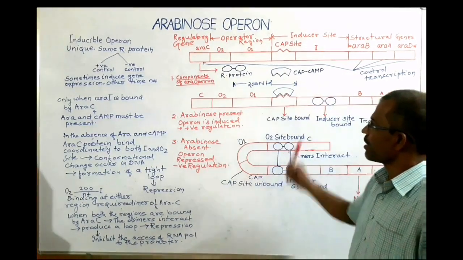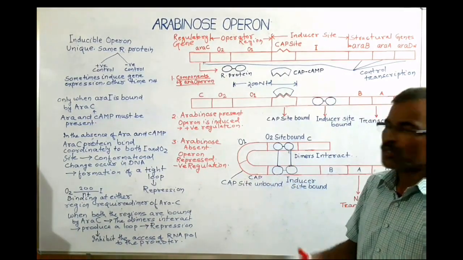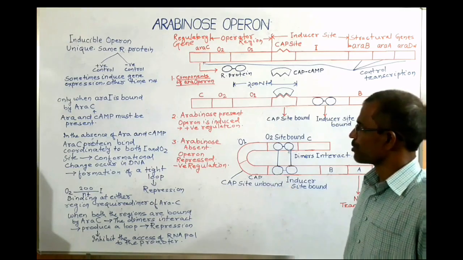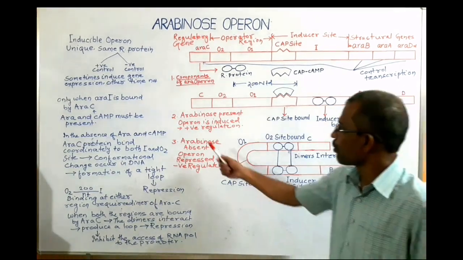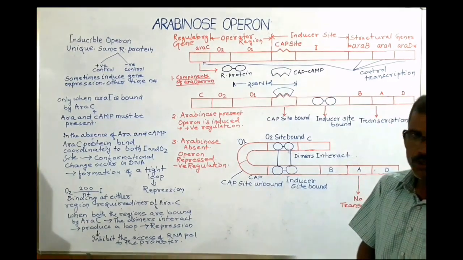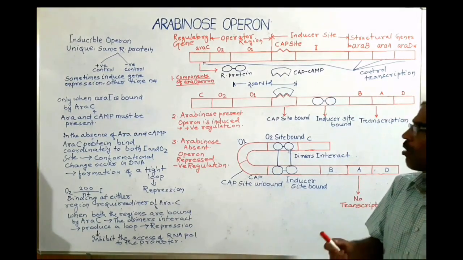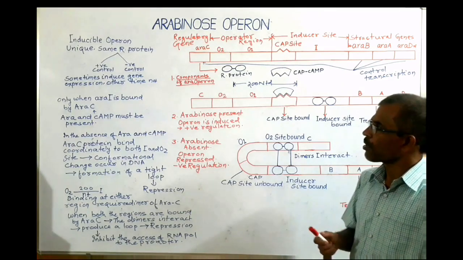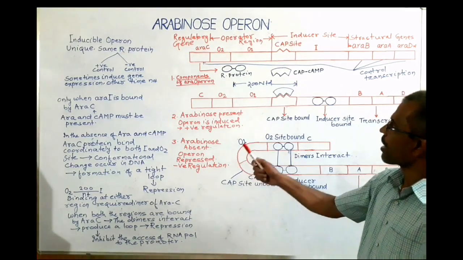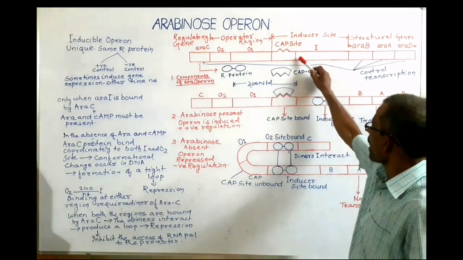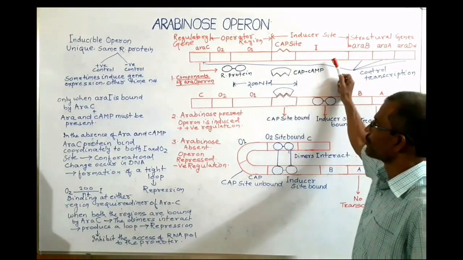Now we shall see when the araOPERON is induced. araOPERON is induced through positive regulation. So positive regulation of araOPERON occurs when RI is bound by araC. RI is an inducer site.